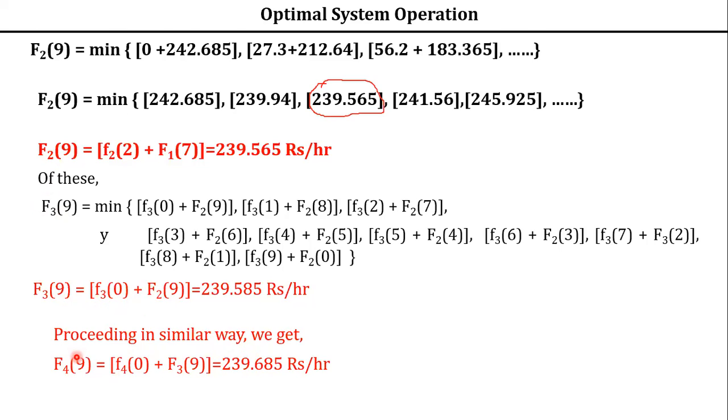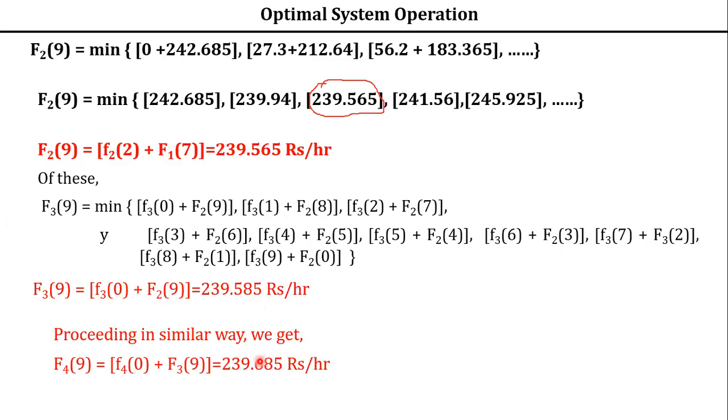Okay, fine. Among these four, F1, F2, F3, F4 of 9, the load is the same, 9 megawatt. Which has got the minimum among these? F1 of 9 is 242 point something, isn't it? F2 of 9 is 239.565. F3 is 239.585, slightly more than this, and F4 is 239.685, slightly more than this.